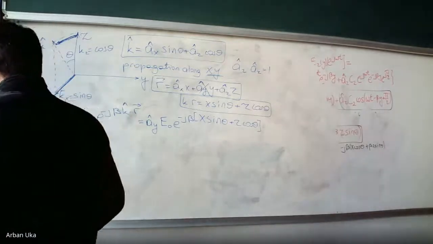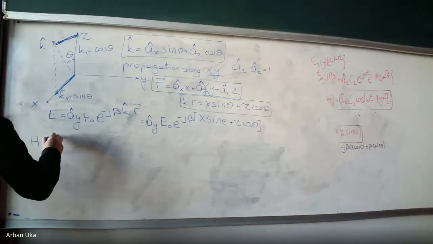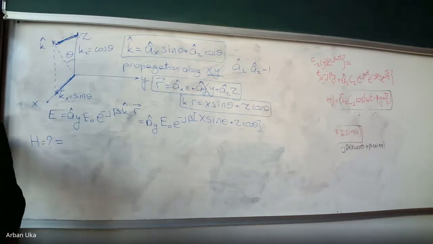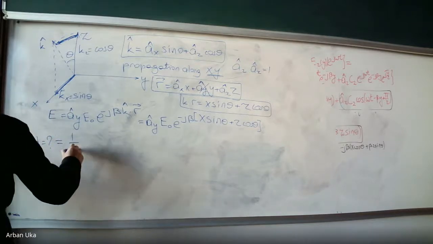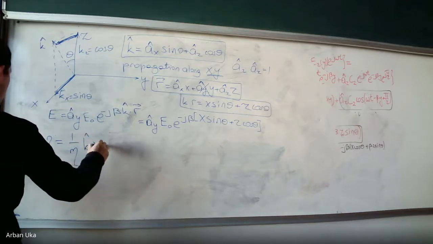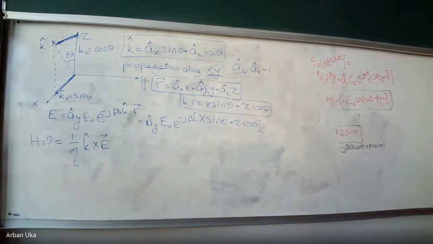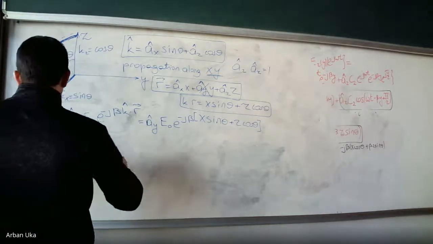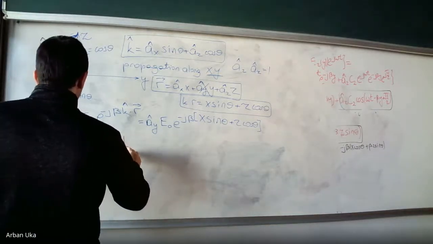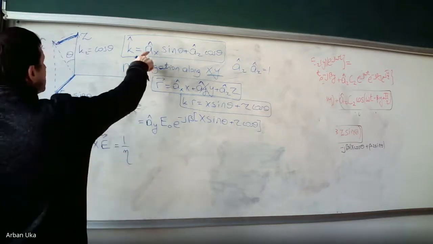Okay, so if this is the electric field, the next thing to find is what is h. H should be equal to 1 over eta times k cross product with E. Okay, so this is how they are related. And when we take the cross product, we say that this is equal to 1 over eta, Greek eta, the k vector. What was the k vector?